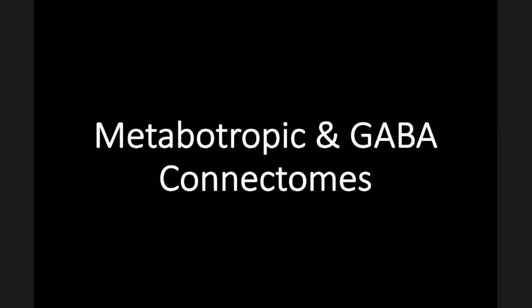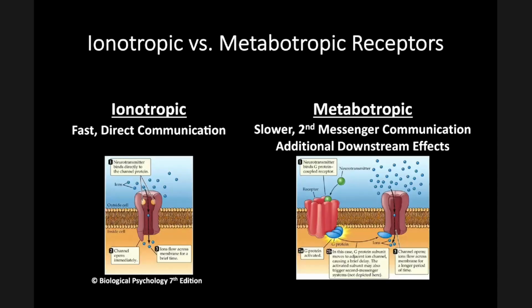I'll make sense of that for people, because it's probably confusing to many people, even those potentially who are in the field. So just a quick review of the nervous system. In all animals, basically there's just two flavors of neurotransmitter receptors. There are these ionotropic receptors, which mediate fast direct communication.